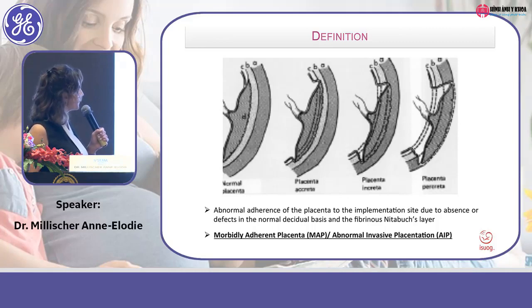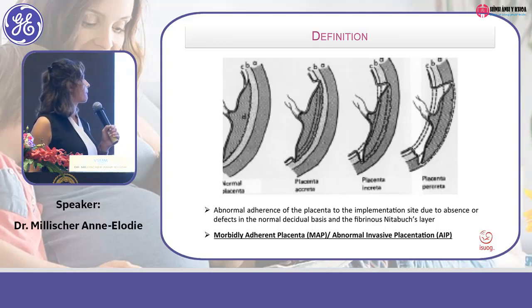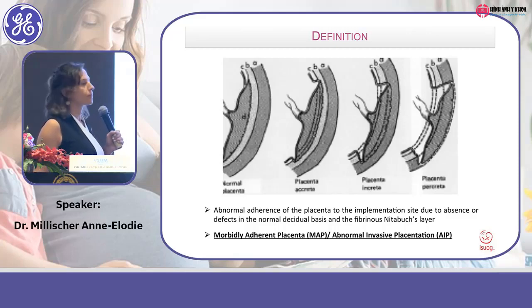Mình có thể dùng cái thuật ngữ này thay cho cái placenta accreta là tại vì accreta nó chỉ là một cái giai đoạn ở trong một cái phần nhỏ ở trong cái nhau bám bệnh lý thôi. Placenta increta means that there is some invasion of the placenta throughout the myometrium without crossing the serosa of the uterus.